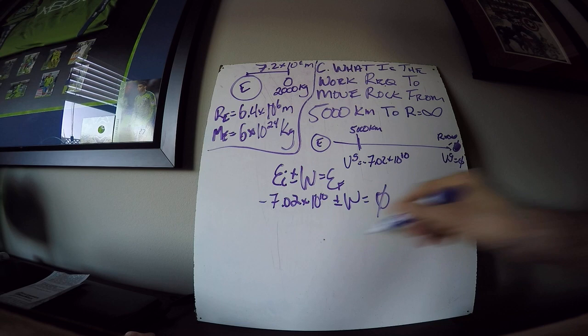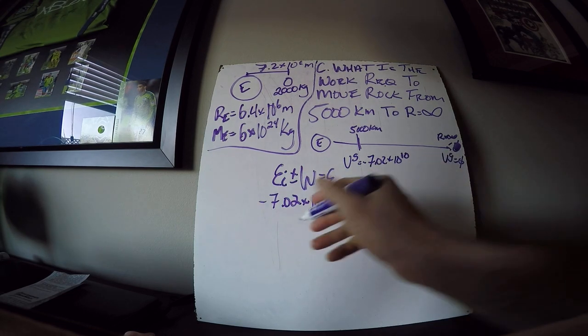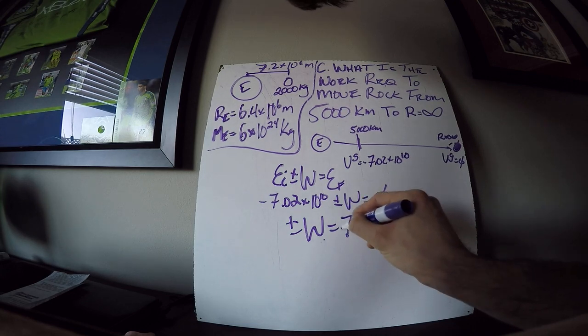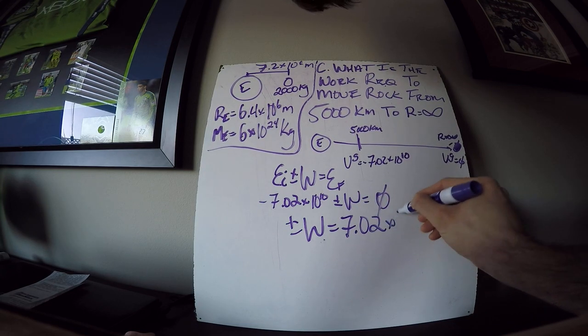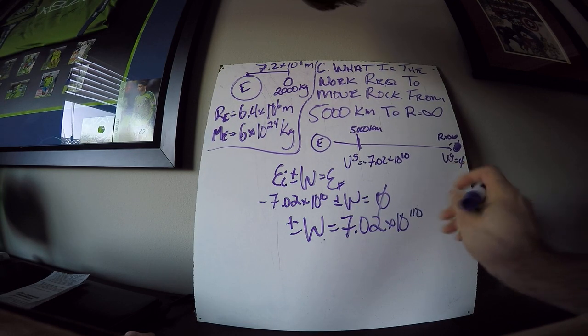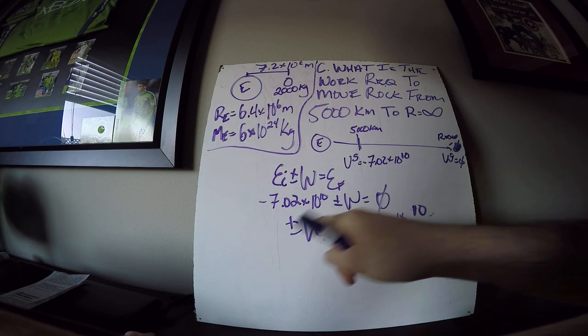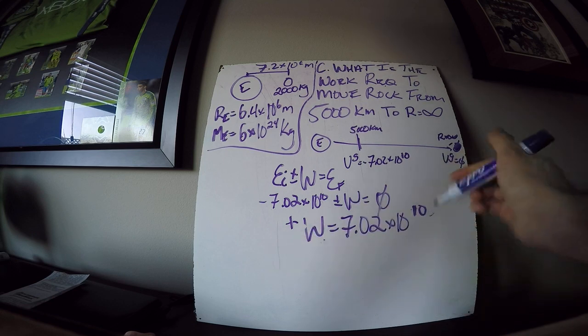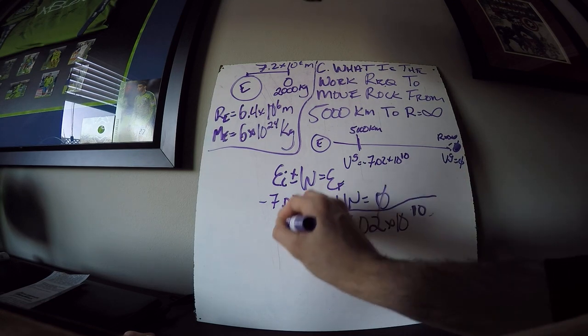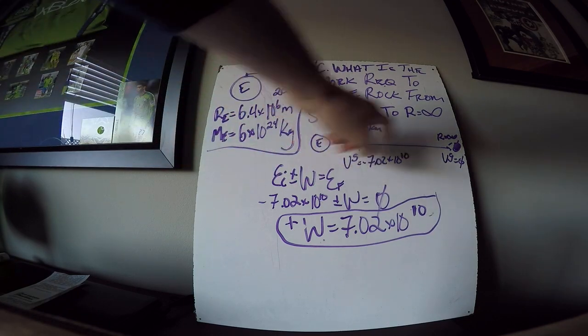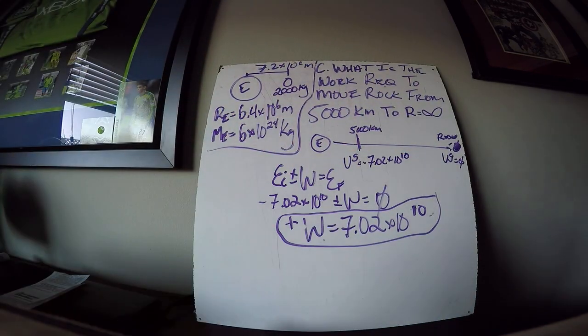Add this number over to the other side, you get plus or minus work equals 7.02 times 10 to the 10. Whoa. And we discovered that this is positive work. So in order to move it away from the planet from 5,000 to infinity, you would have to do work on the rock.